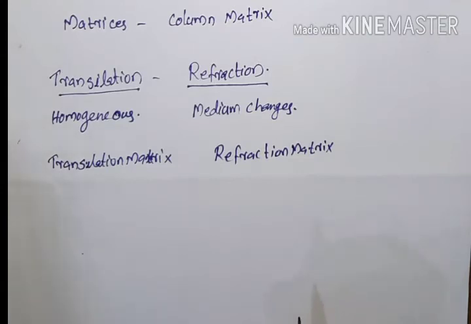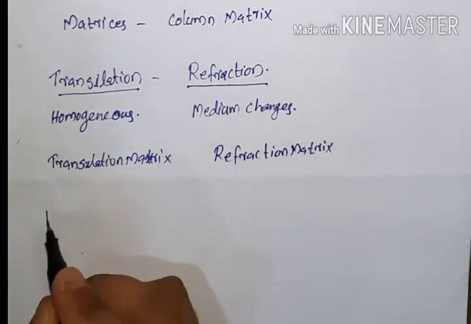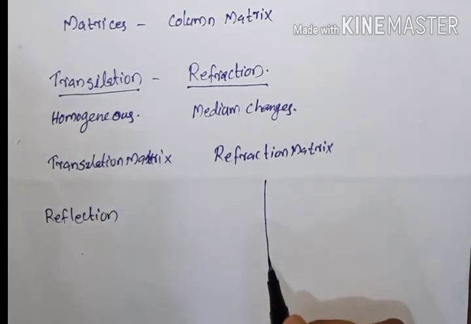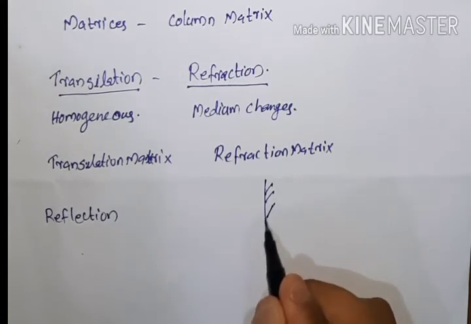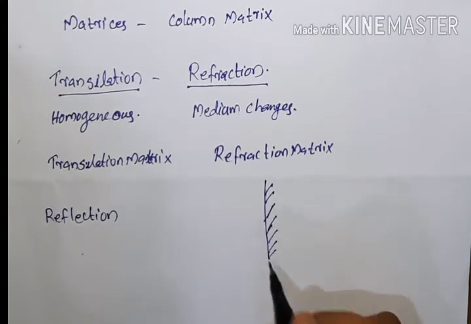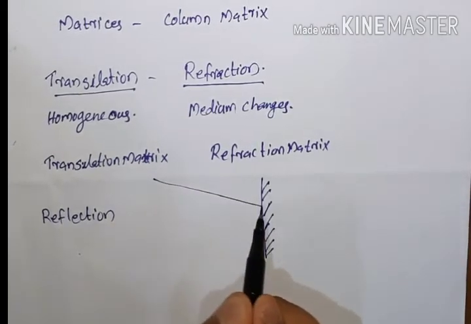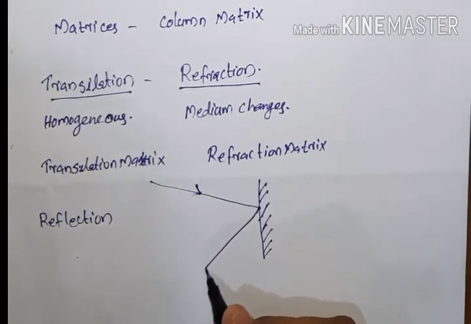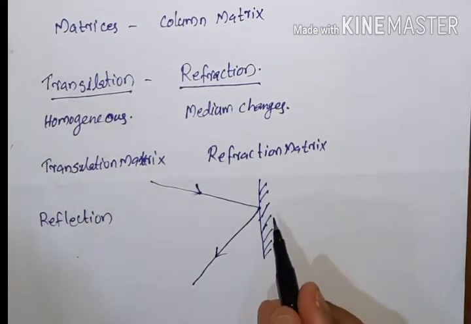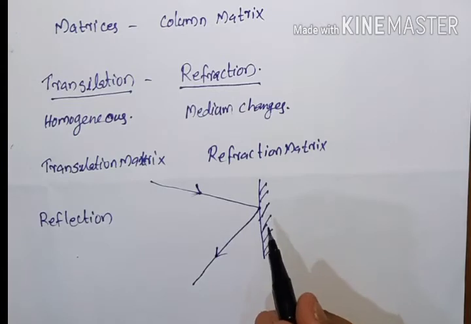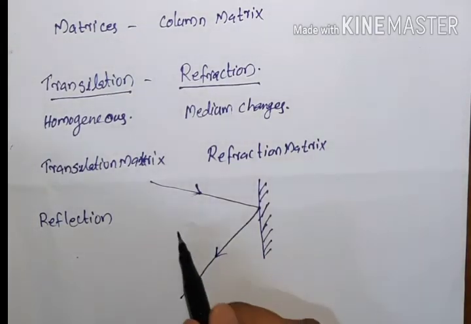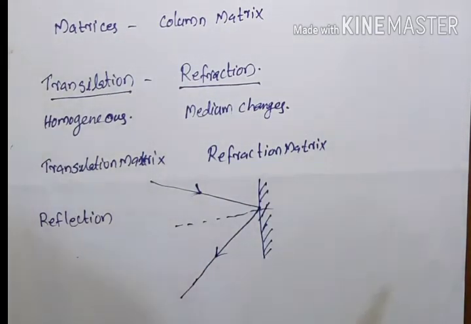Here you may have a doubt: what about reflection? Consider a reflecting surface, it can be a mirror or some other reflecting surface, and a light ray is incident on it. The light ray will definitely get reflected back, and the amount of reflection depends upon the smoothness of the surface.